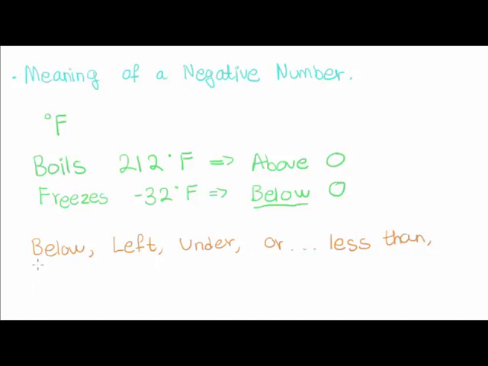And basically, any word or any set of words or any combination of words that signify a drop or something just negative about it, then you need to include that little dash in front of that number. So all of this really symbolizes that there is a negative needed in front of the number.